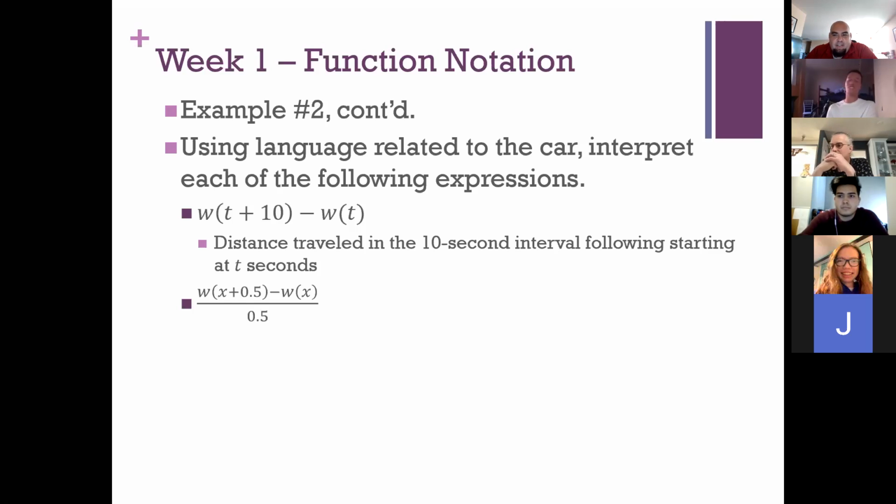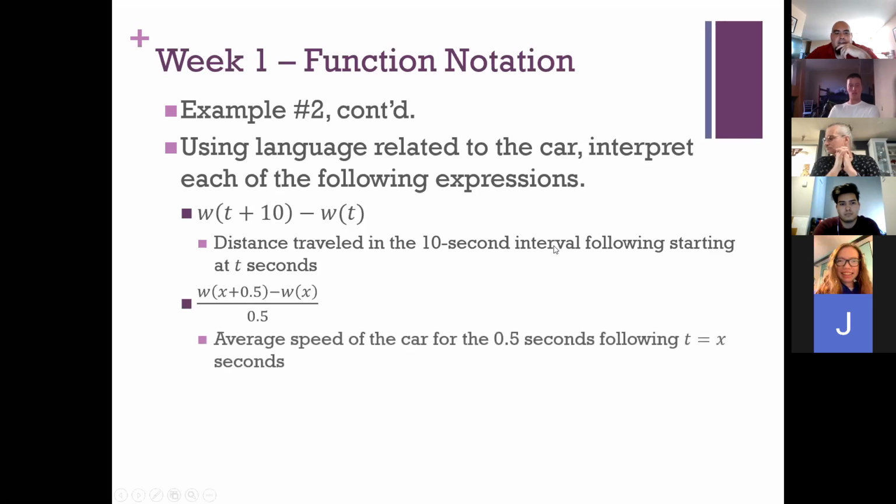And one thing I want to highlight, just to make it a little more specific: in the numerator, how long is that interval, how many seconds? Half a second. So if I want the distance traveled in half a second divided by half a second, I'm going to get an average rate of change, an average speed. So the average speed of the car for the half a second following x seconds, whatever x seconds is.